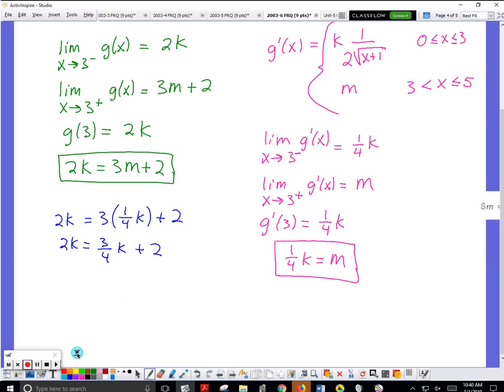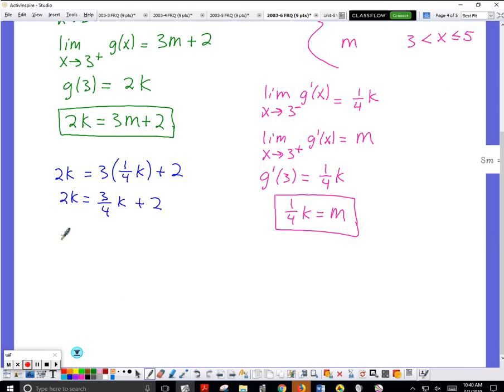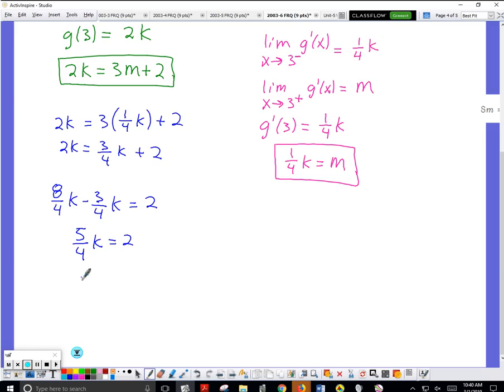So that means 2k is the same thing as 8/4 k minus 3/4 k is equal to 2. So 5/4 k is 2. So 5k is equal to 8. So k is equal to 8/5.